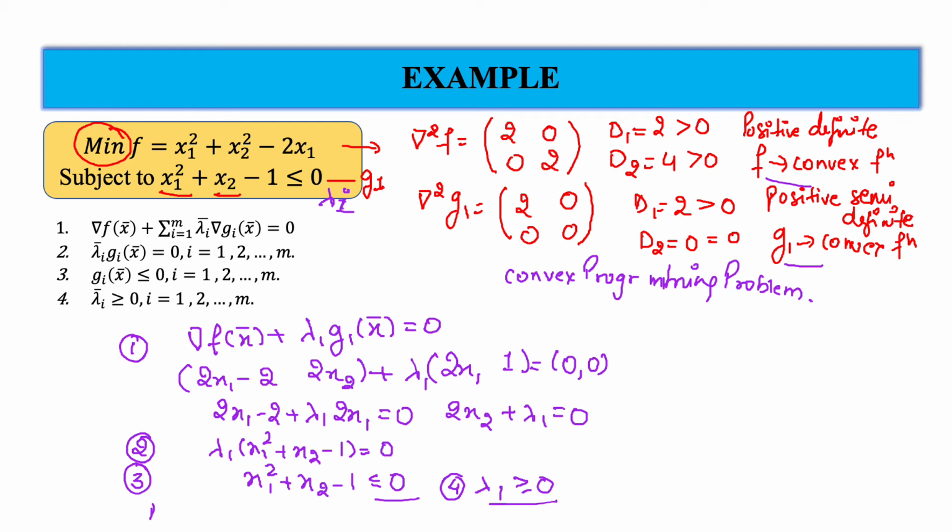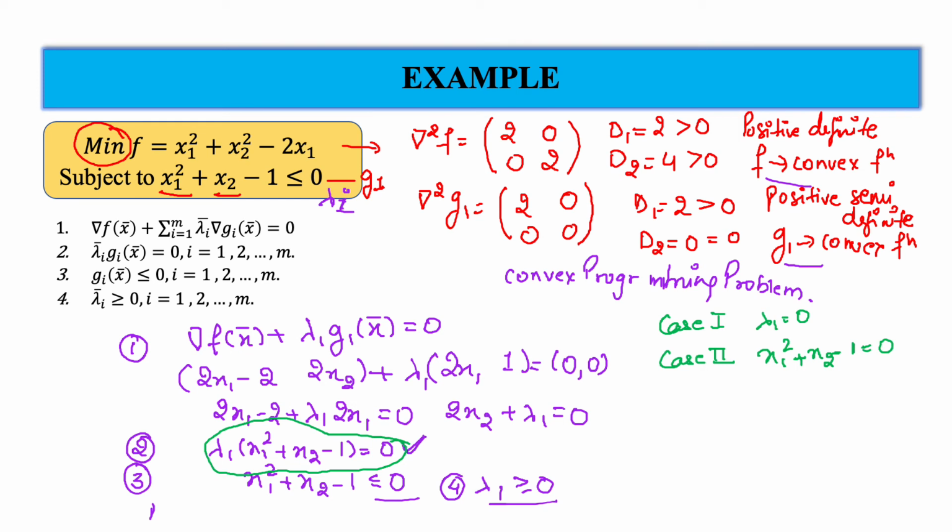Now from the complementary condition we will have 2 cases. Case 1, where lambda 1 equals 0, and case 2, where x1 square plus x2 minus 1 equals 0.